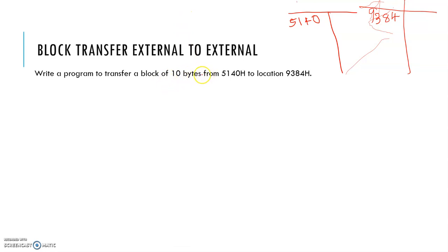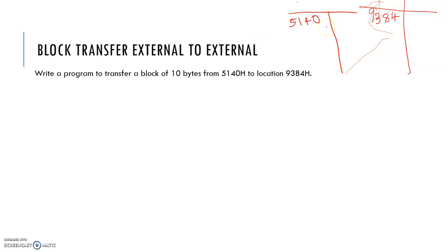The count should be stored in a register so that the transfer operation from one memory location to the accumulator and to the destination location is repeated. Transferring the first byte to the accumulator and then to the destination location, this process can be repeated 10 times so that 10 bytes are transferred from the source address starting from 5140 to 10 locations starting from the destination address.